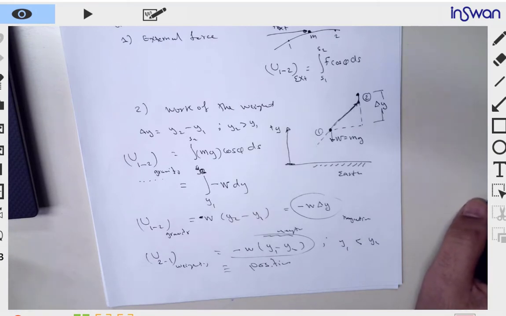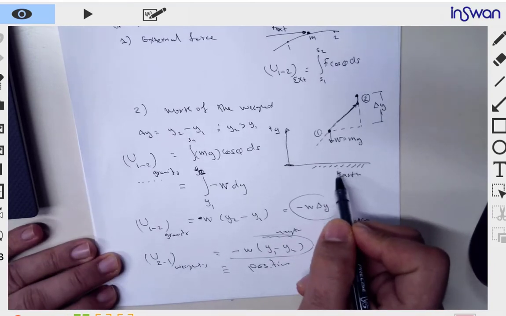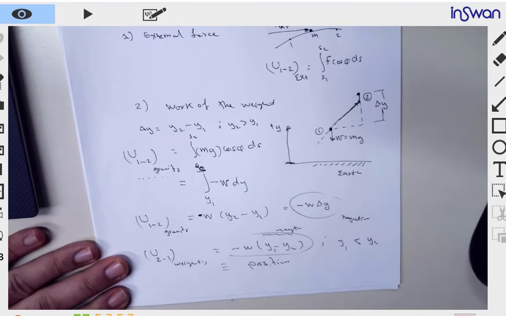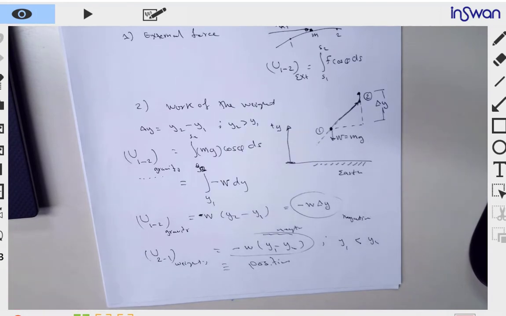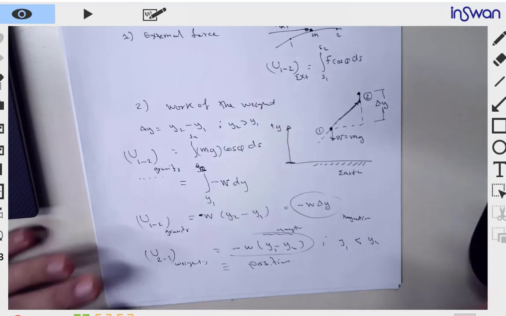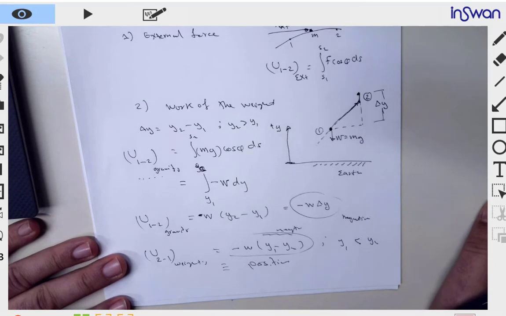So this is important when you solve problems. If you want to move a particle from lower elevation to higher, depending on where your reference is, because here we chose our reference to be below, then that work is positive if it's going from high to low, and negative from low to high, or different states.